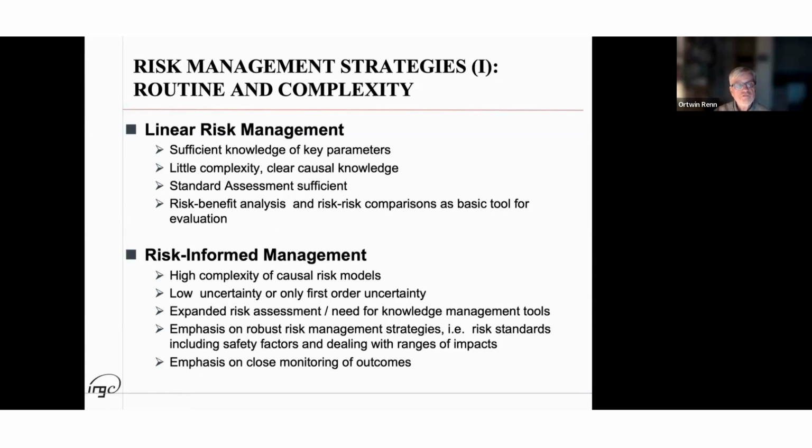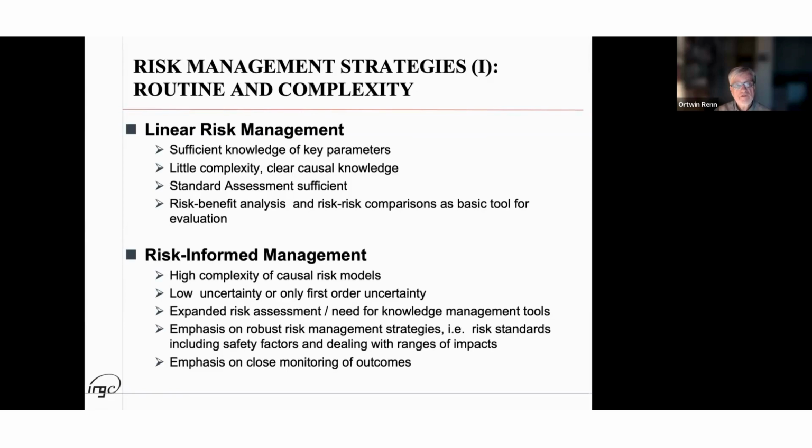In risk-informed management, we have high complexity of causal risk models. So either uncertainty or extent of damage is not very clear. It needs to be modeled. So we are in the realm of Pythia or Pandora. We need an expanded risk assessment, and a need for knowledge management tools. We need to have epistemic discourse.